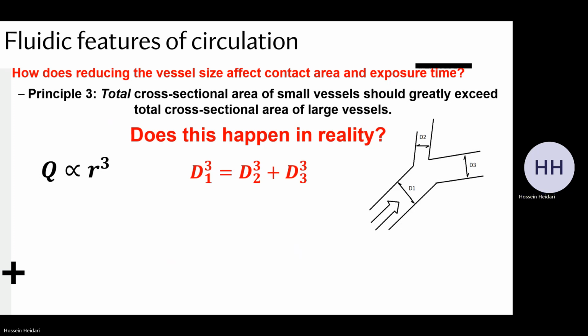Yep. Divide it by, well, which diameter? I need to divide both sides, right? If I divide them by D1, then it's not going to be easy to find the right answer.